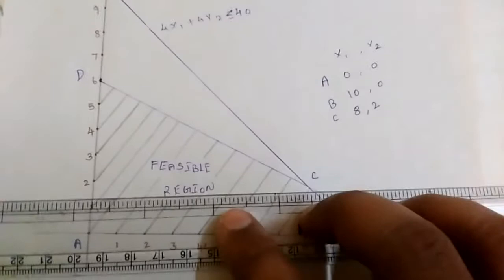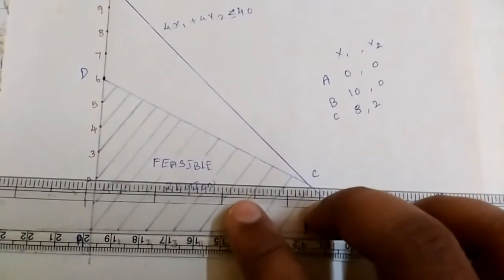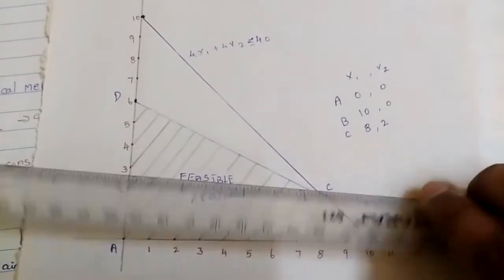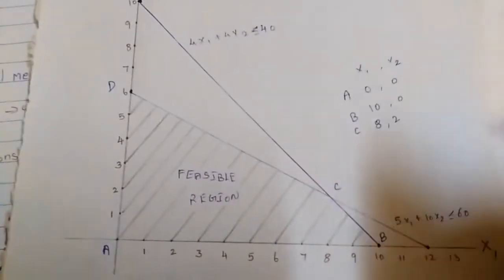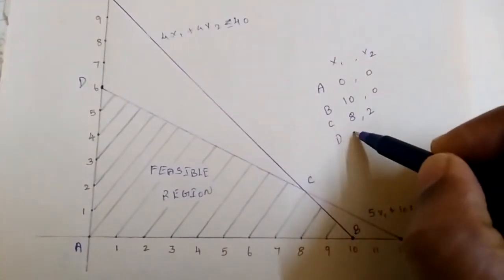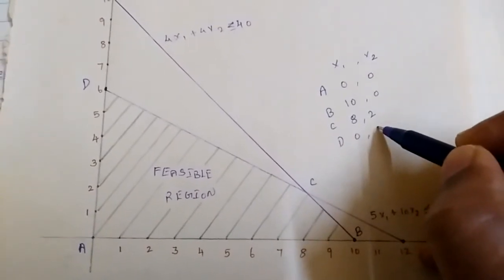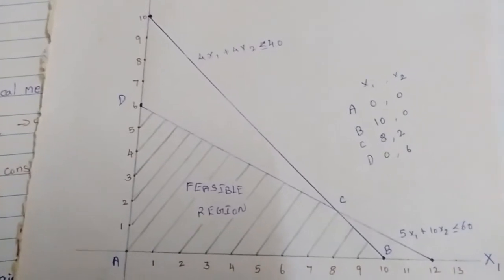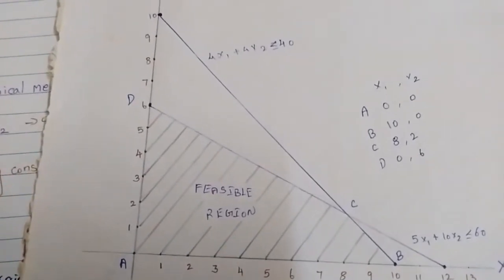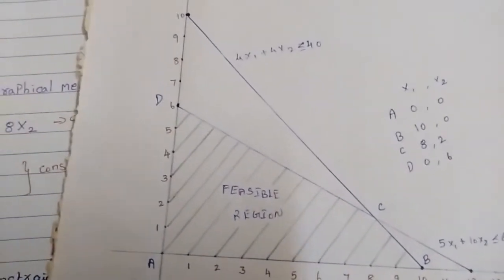And 2, exactly 2. So X2 is 2 and X1 is 8. Then D: here X1 is 0, X2 is 6. These are the corner points that we are going to use in calculating the objective function values.